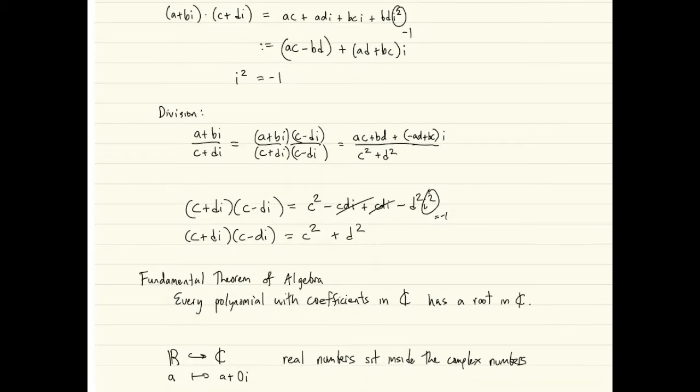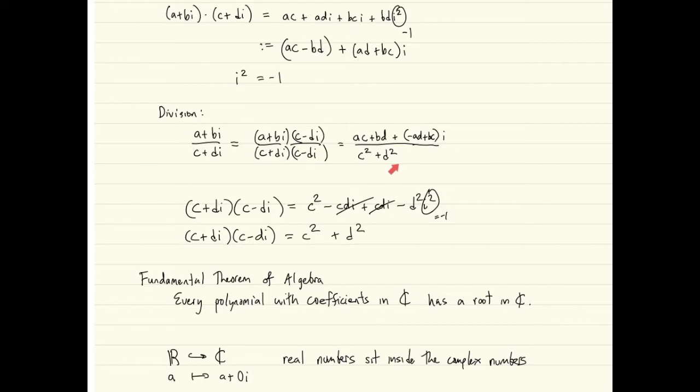As for division, if I have two complex numbers, a plus bi and c plus di, here's how to figure it out. We're going to multiply by the complex conjugate of c plus di. In other words, c minus di is what's called the complex conjugate of c plus di. And then when you FOIL this all out, the point is that c plus di times c minus di is c squared plus d squared.